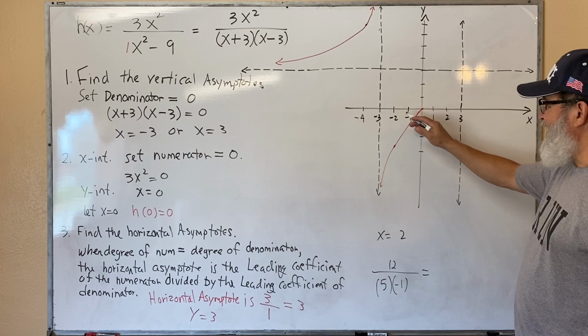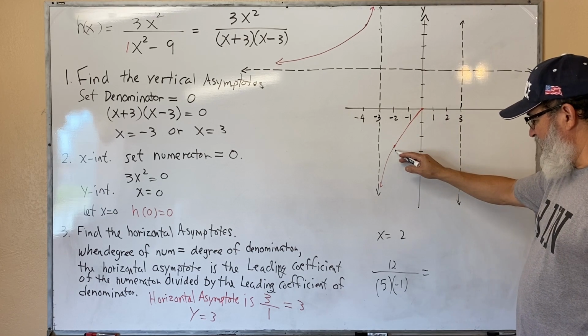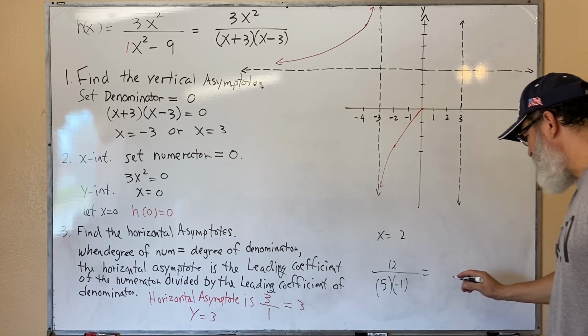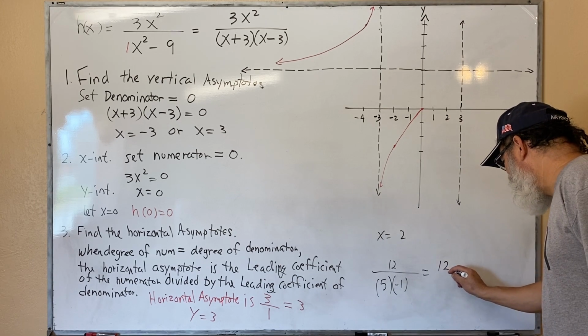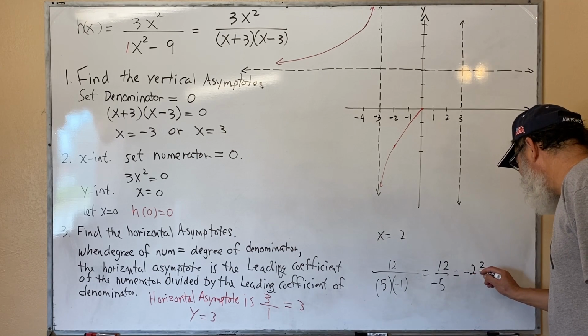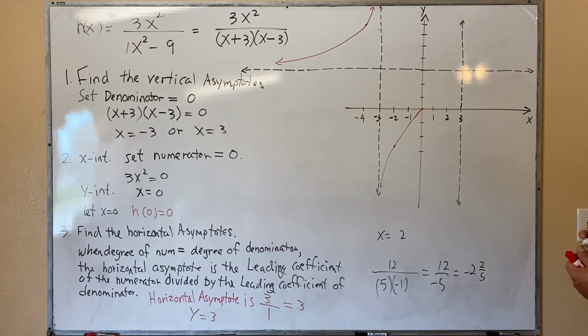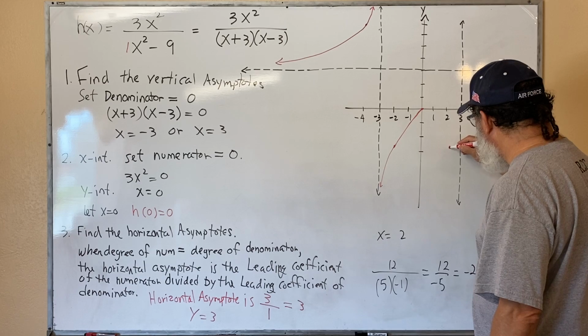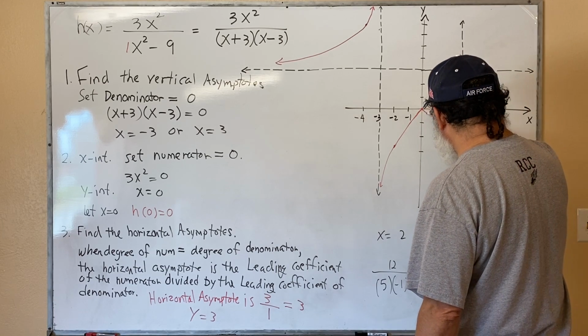When you plug in -2, you get -2 and 2/5. When you plug in 2, guess what? You also get 12 over -5, which is -2 and 2/5. Why? Because it's an even function. So at 2, we get the same thing again, look. And so therefore, this is gonna come down.